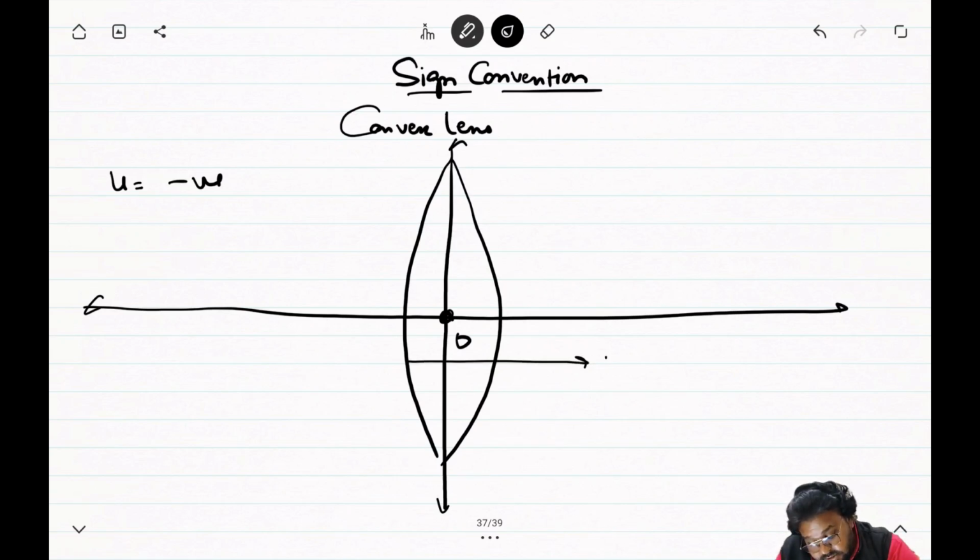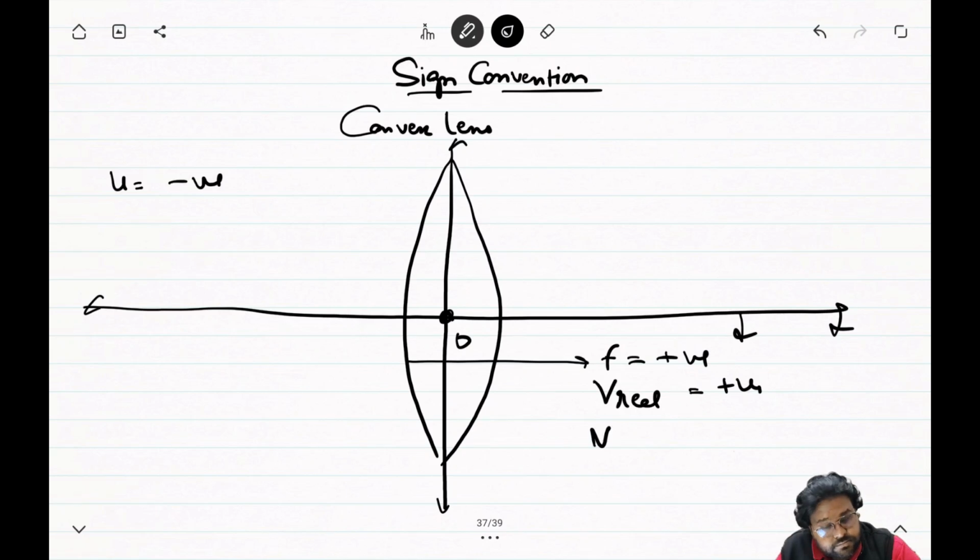F of this surface was here, so F is positive. V, the image distance: if the images are real then they are positive, they are all forming here, and if the image is virtual it is forming here. In case of a magnifying lens it is negative.